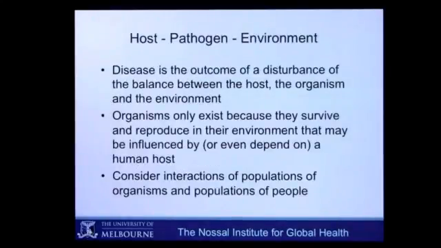So when we think about infectious diseases, it really is the outcome of that disturbed balance between the host, the parasite, or in this case the parasite, host pathogen, and the environment. And it's very useful often with infectious diseases to think what's in it for the organism. An organism that kills its host rapidly before transmitting is not very effective as an organism for living a long time.